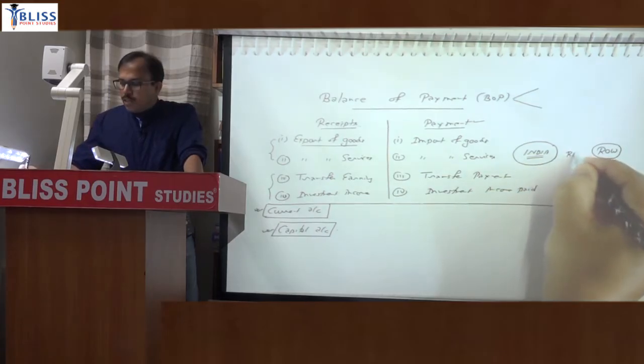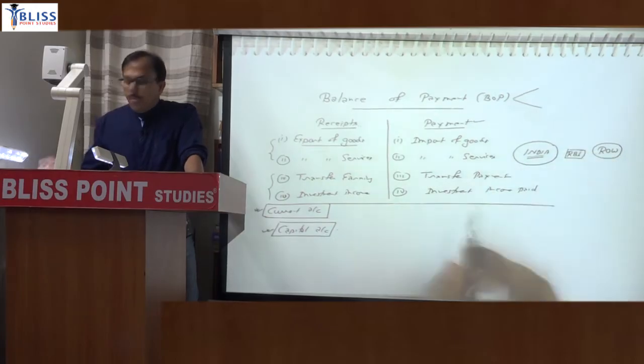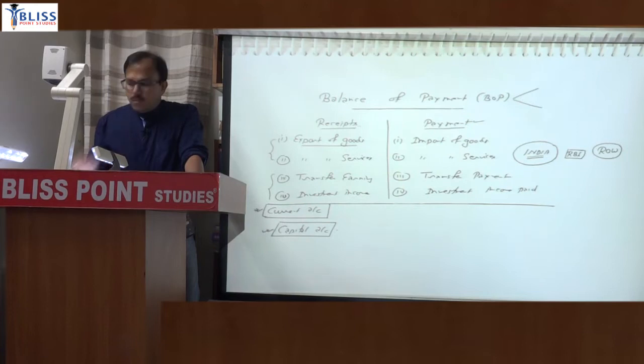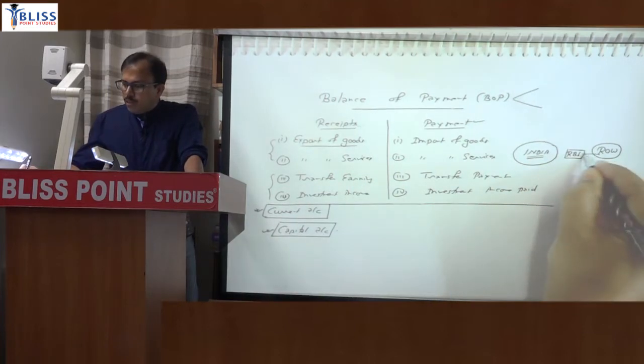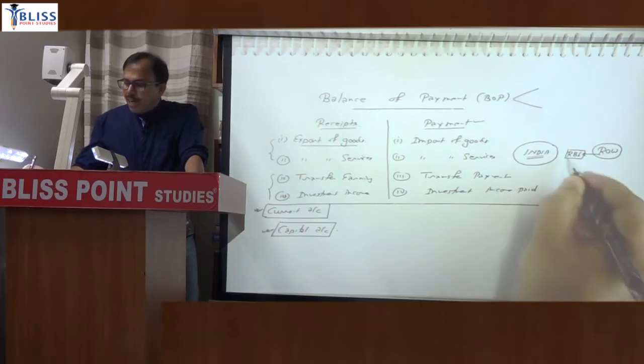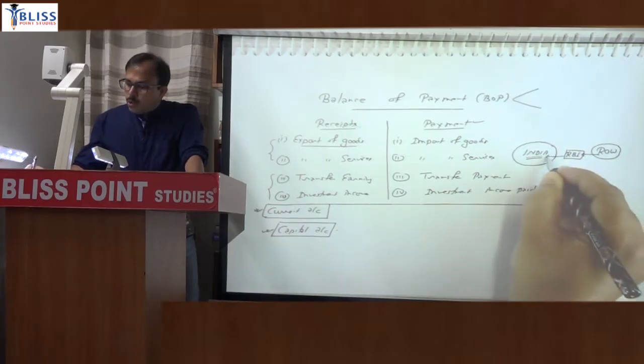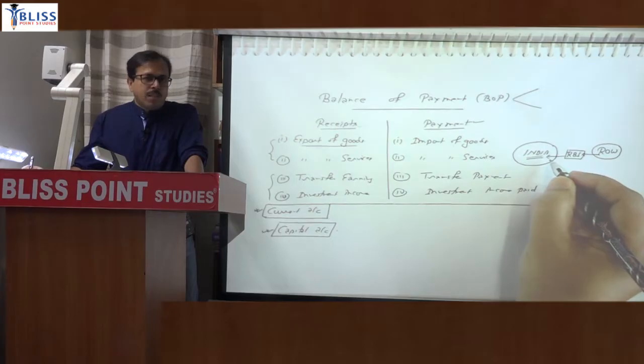So I will write RBI in between. When we export goods we receive payment. From the rest of the world dollars will come, and RBI will convert that dollar into rupee, and the exporter will get payment in terms of rupee. Clear?